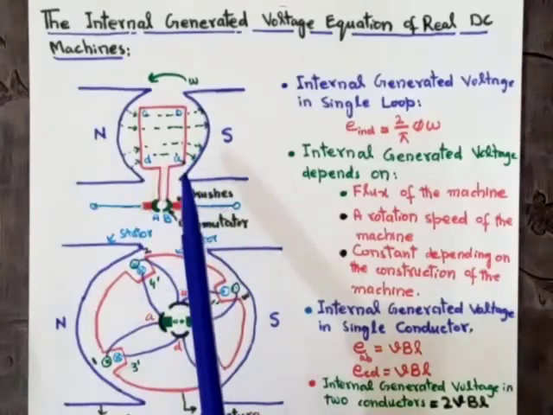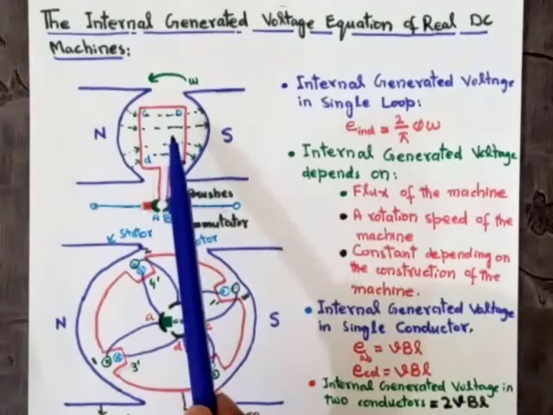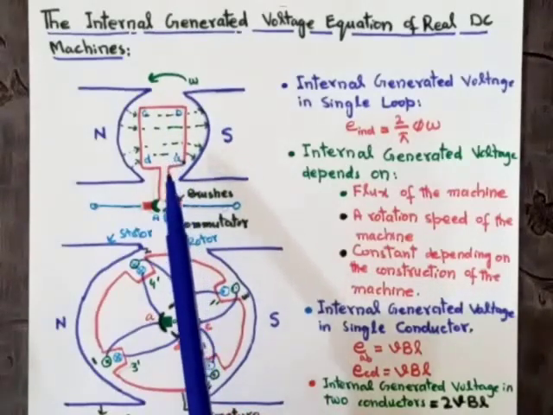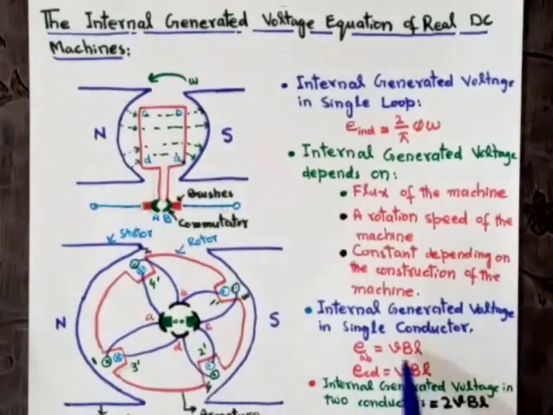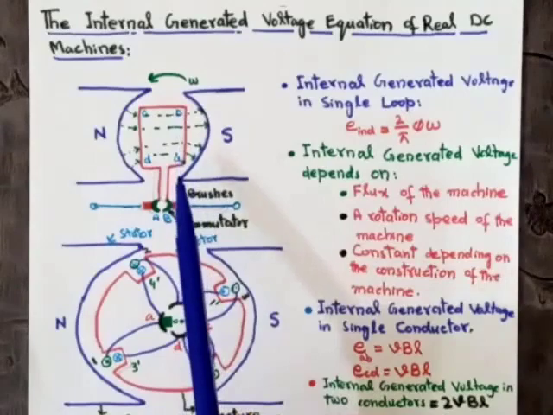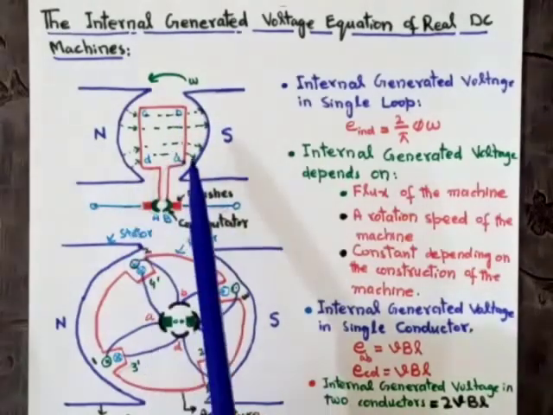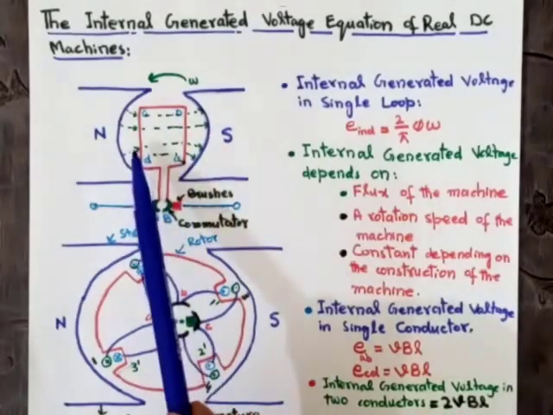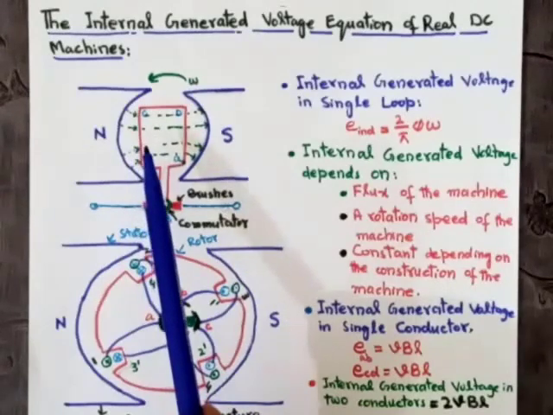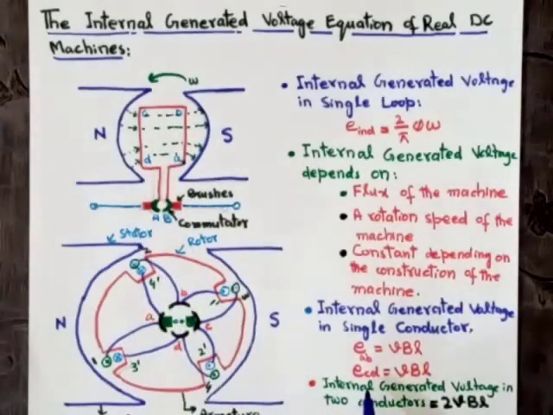As we know, the induced voltage in a single conductor, that is across the conductor AB, is E equal to VBL, where V is the velocity, B is the magnetic field and L is the length of the conductor. And the induced voltage of the other conductor, conductor number 2 across CD, is E equal to VBL as well.